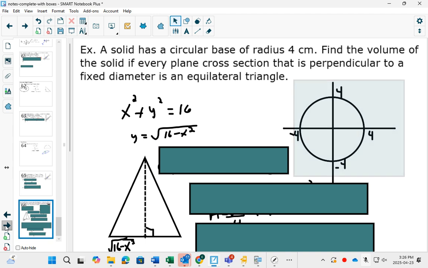Okay? So, there's our circle, that's the base. If you fix a diameter, let's say I fix this diameter here, then each of these are going to be equilateral triangles all the way through.